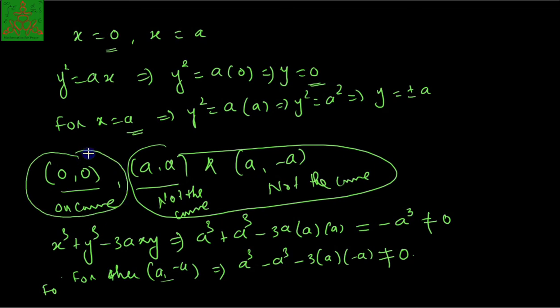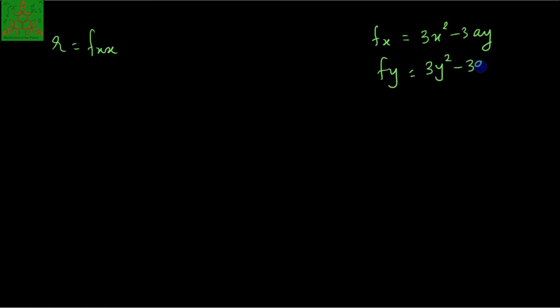Now we need to classify whether this (0, 0) point is a node, cusp or isolated point. So for that I need to calculate what r is. R is nothing but fxx. We have already calculated fx is 3x squared minus 3ay, and fy is 3y squared minus 3ax.